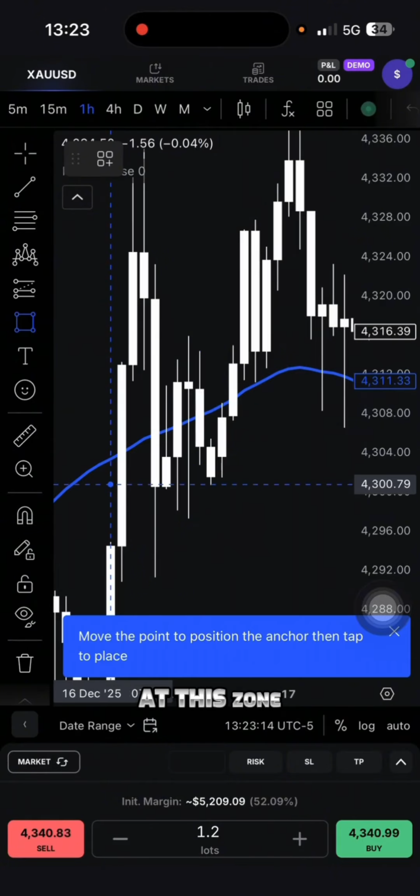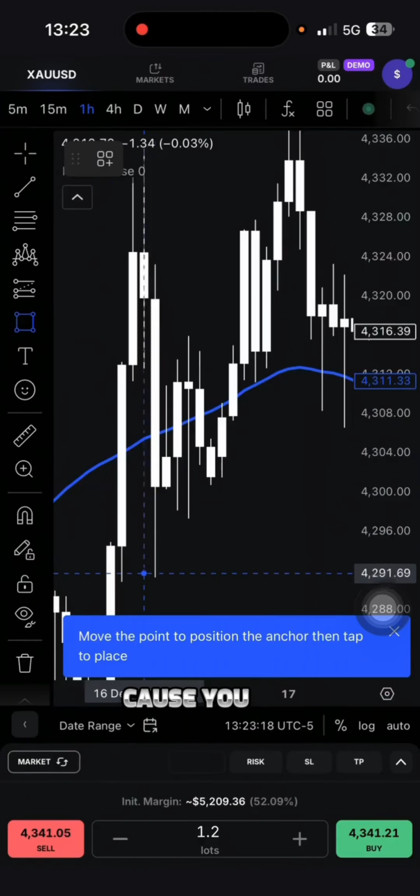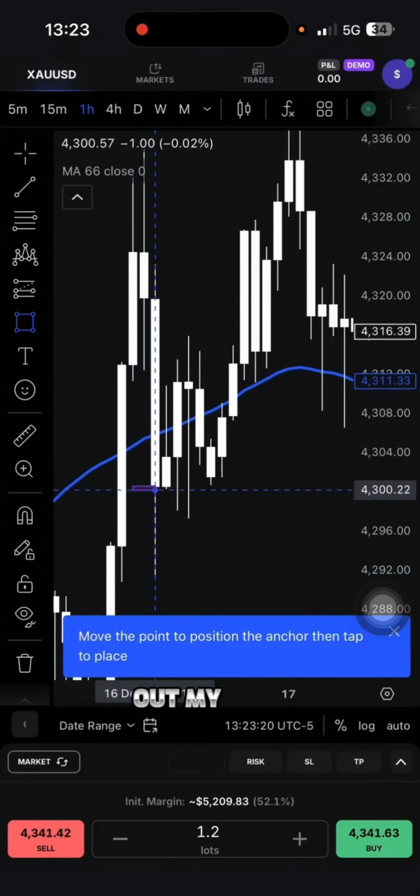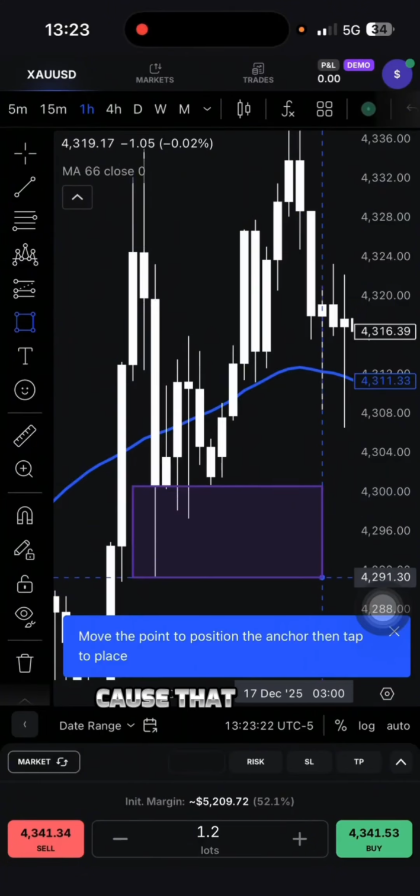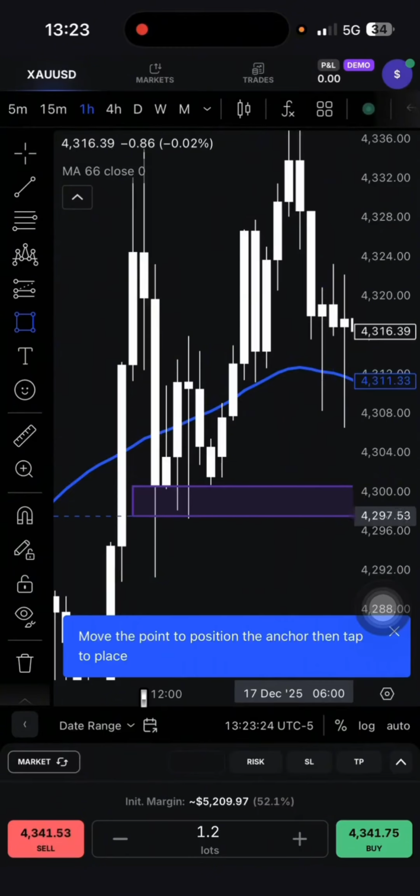This is how I would mark it out because you see this candle. I wouldn't mark out my zone all the way down to this candle because that would be way too big. I just mark it out to this candlestick, just to not make it overly big.